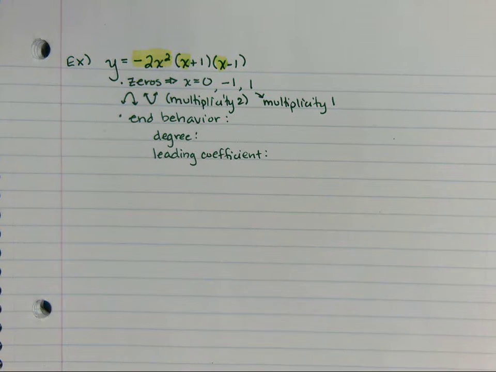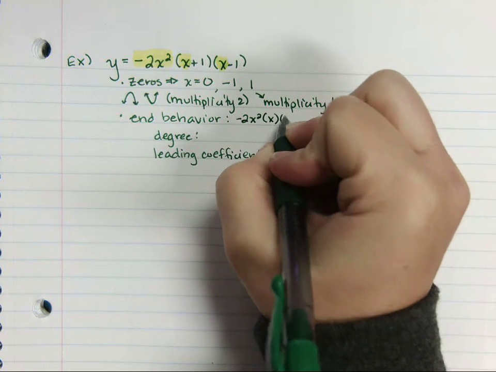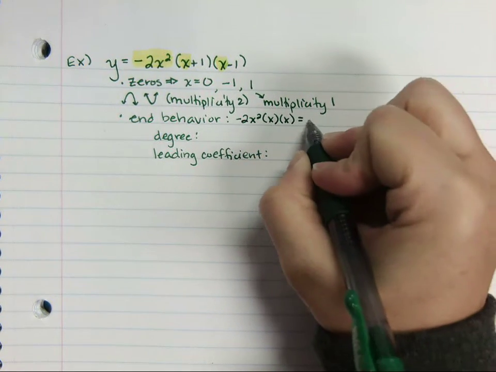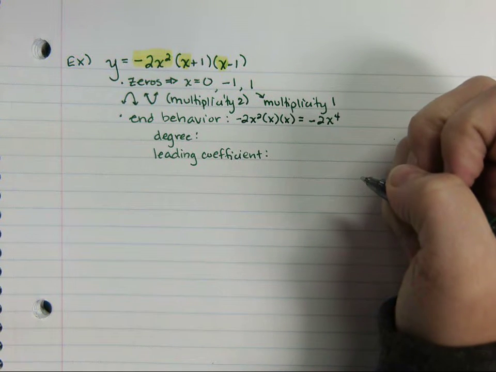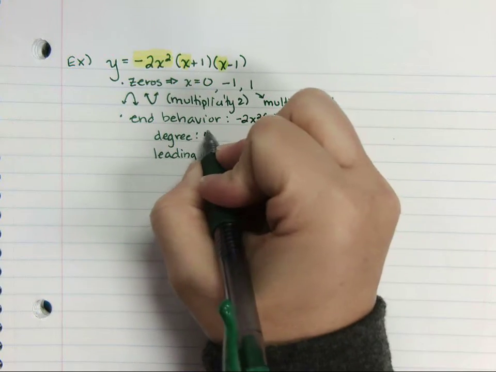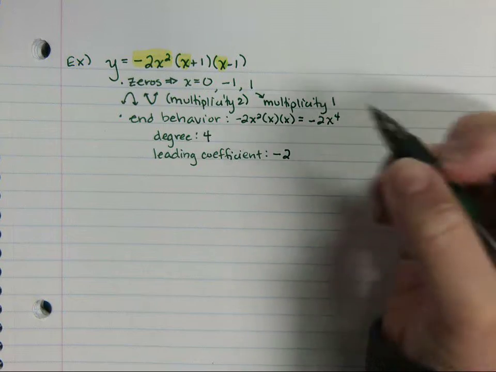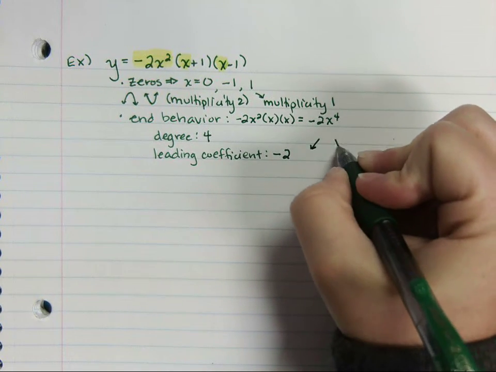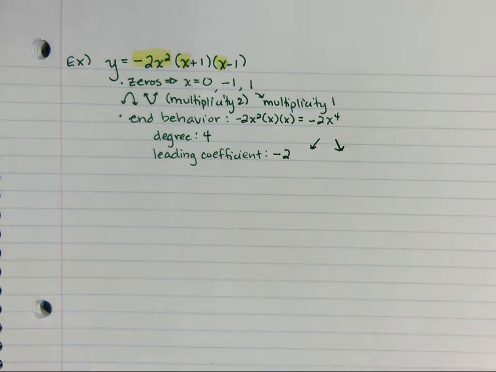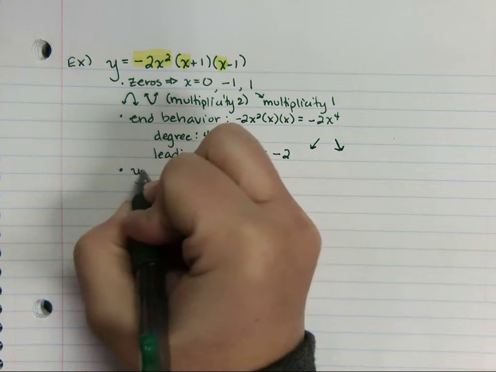And so when I do that, negative 2x squared times x gives me a negative 2x to the fourth as my leading term, which means my degree is 4 with a leading coefficient of negative 2. And now an even degree with a negative leading coefficient means that my arrows on both sides are going to go down. Again, you can refer to the chart to see that that's going to happen.